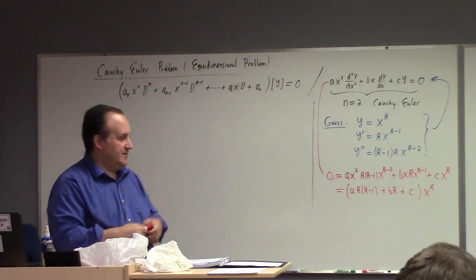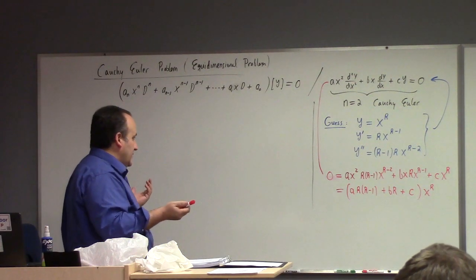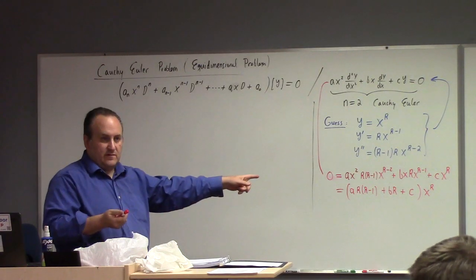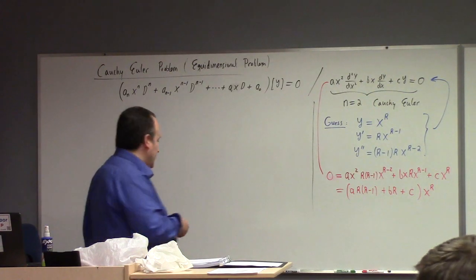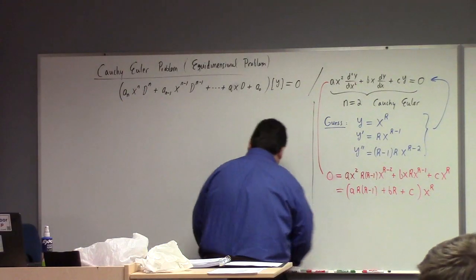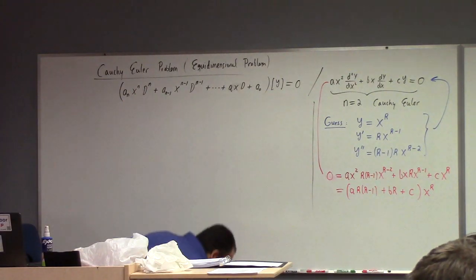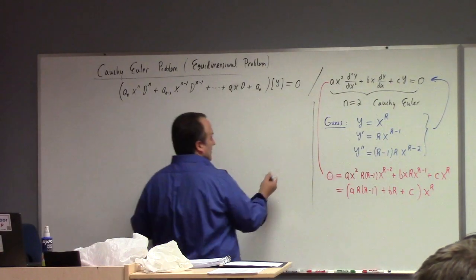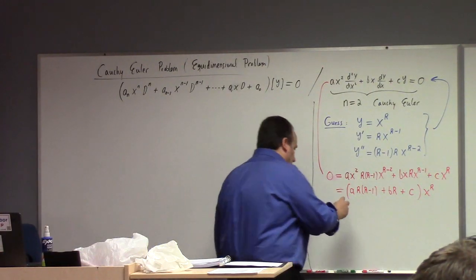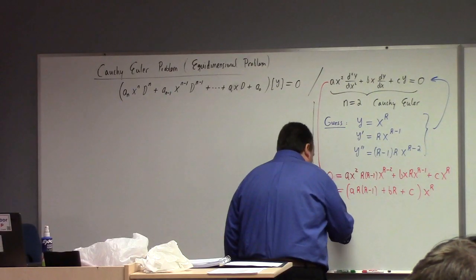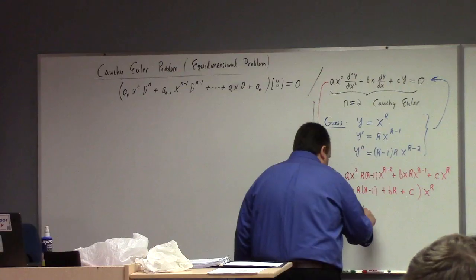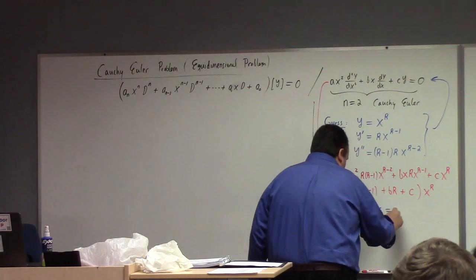Well, this isn't too bad. It looks like all we need to do is solve that characteristic equation. So in this case, the characteristic equation is a R times R minus 1 plus bR plus c equals 0.